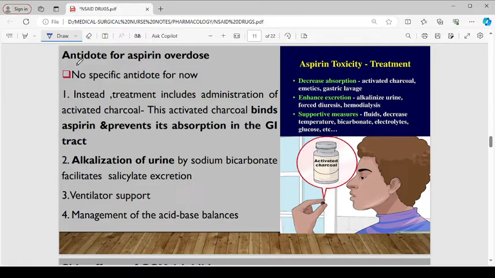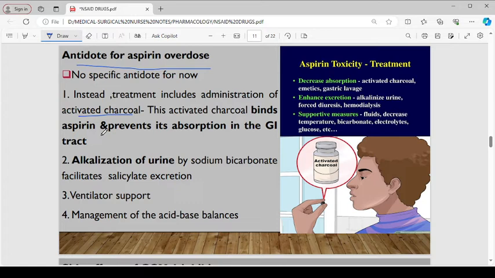Currently, we don't have an antidote for aspirin overdose, so no specific antidote for now. But instead, we can do some treatment based on the symptoms. In the first place, treatment could include administration of activated charcoal. Now, this activated charcoal normally binds to aspirin and prevents its absorption in the GI tract.